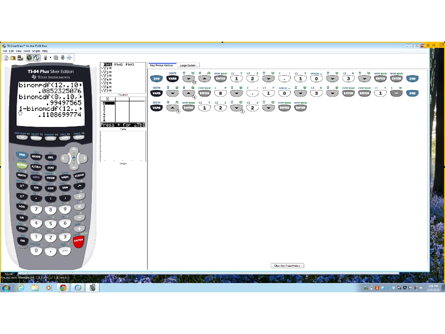Let me check, make sure I entered everything. 1 minus binomial CDF. N was 12, so I'm going to do second enter just to see what I entered. N, P, and X. Yeah, it looks good.